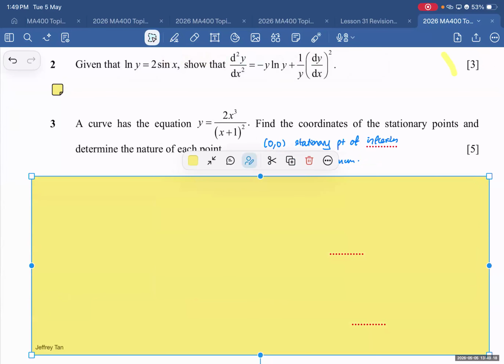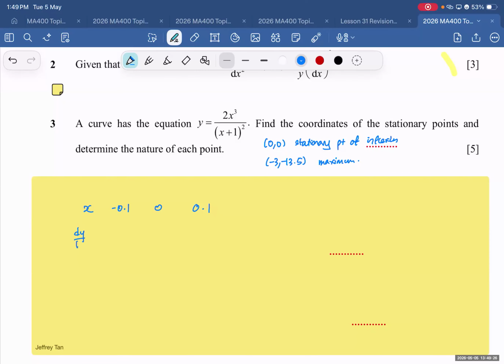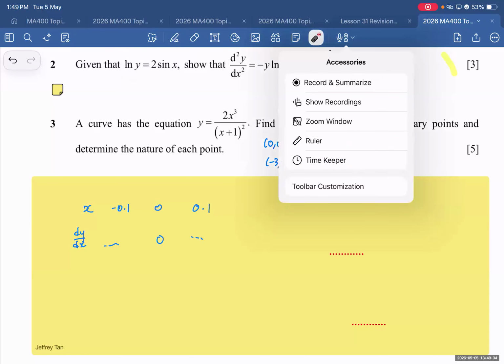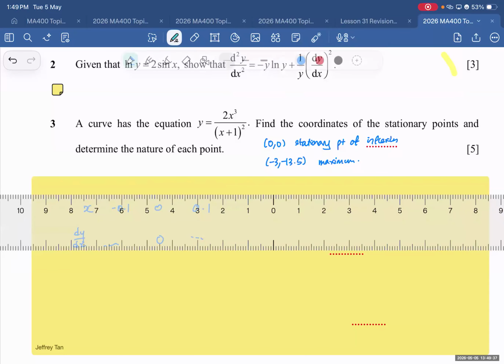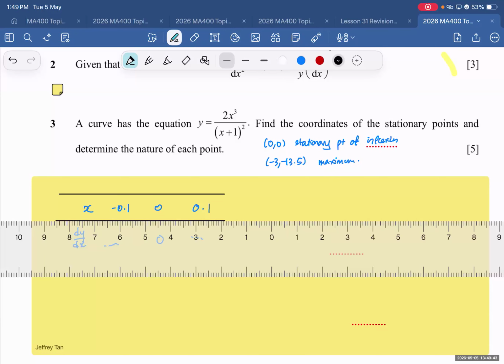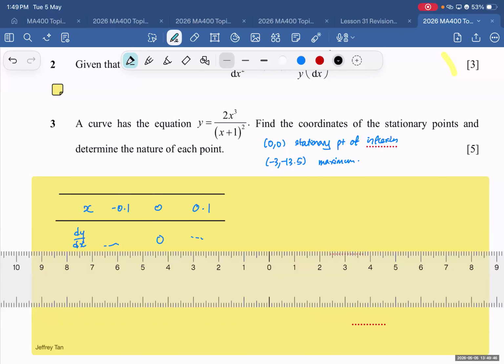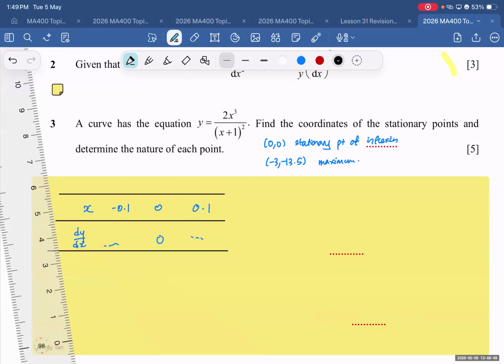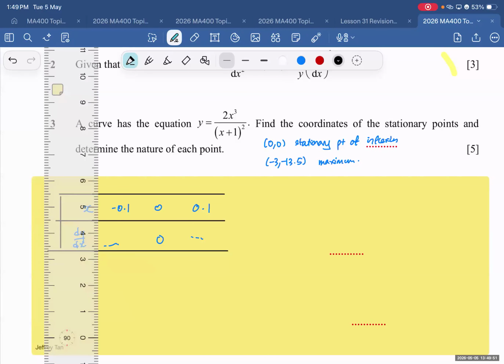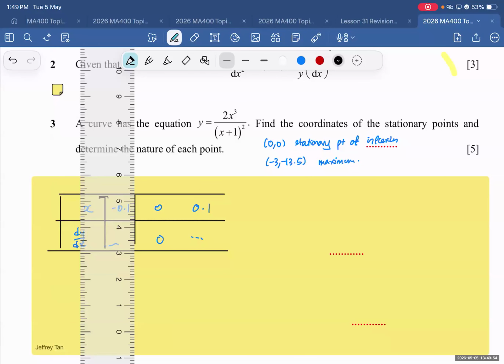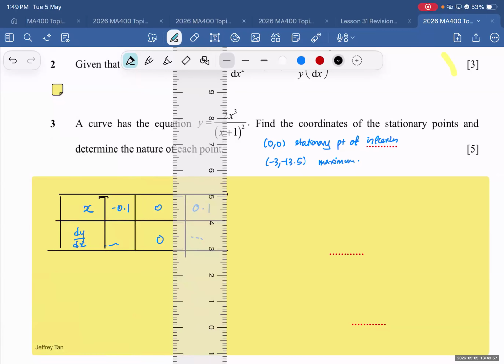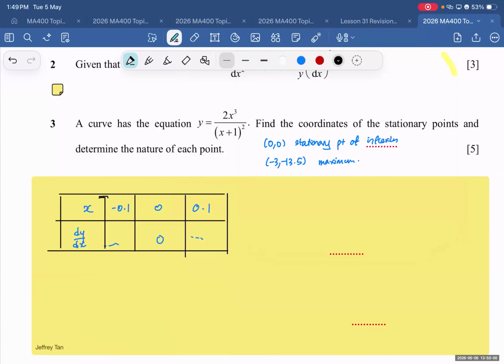X, let's say 0. Find the value here. Draw arrow.